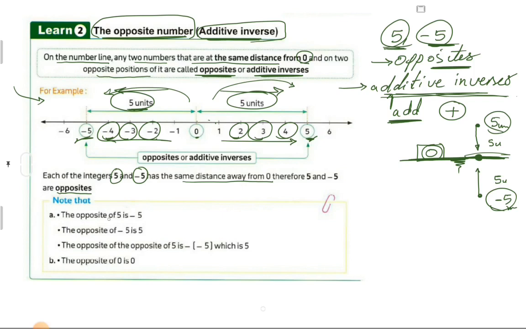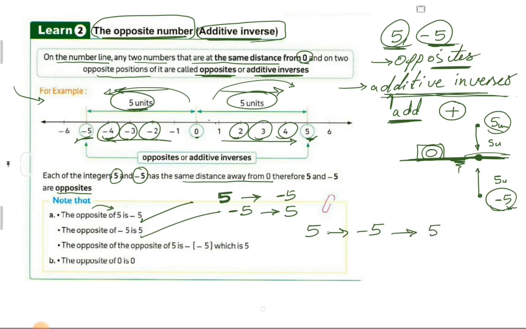Note that the opposite of 5 is negative 5. If you ask us about the opposite of 5, it's minus 5. The opposite of minus 5 or negative 5 is 5. If we have 5, its opposite is negative 5. If he gives us negative 5, its opposite is 5, and so on. The opposite of the opposite of 5: I have 5, its opposite is negative 5, and its opposite is 5.